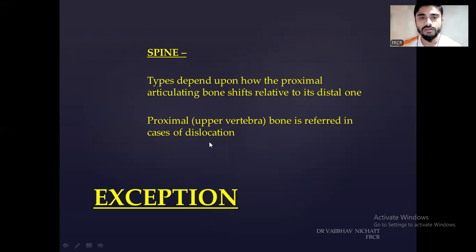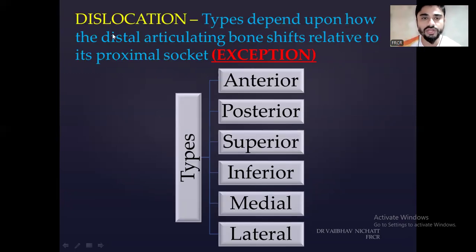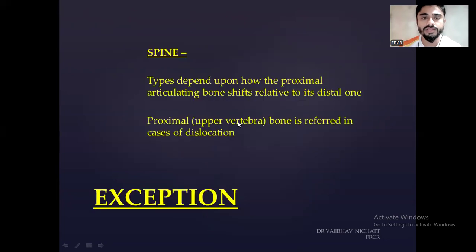Otherwise, in the rest of the body, it is always the distal articulating bone that is given importance in labeling the dislocation. Only in the spine is the proximal articulating bone, the superior vertebra, given more importance than the distal one. This you should remember.